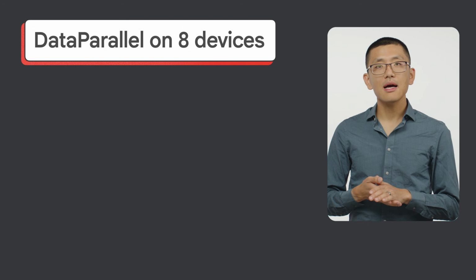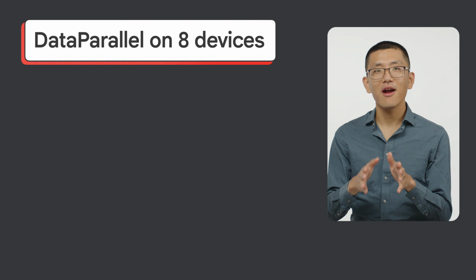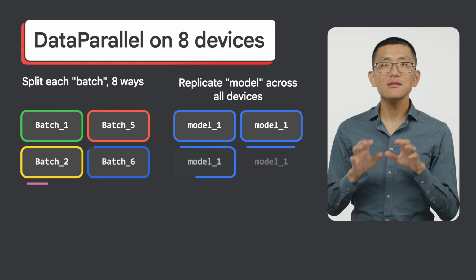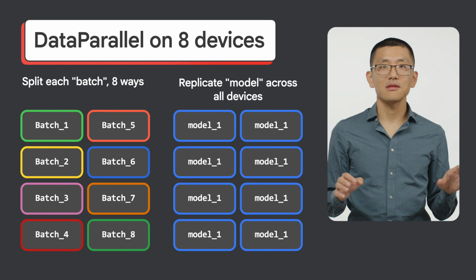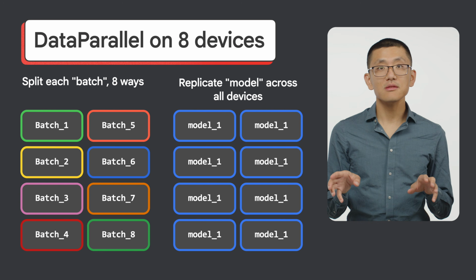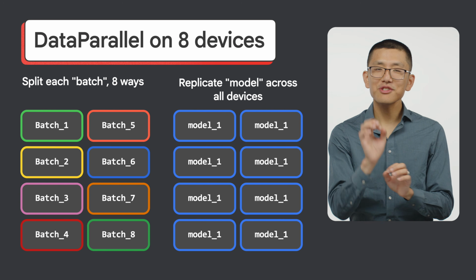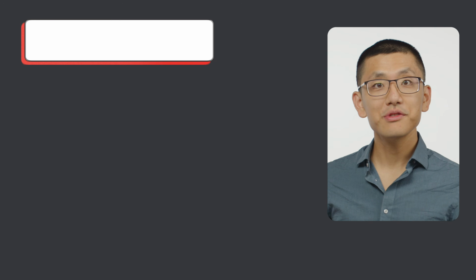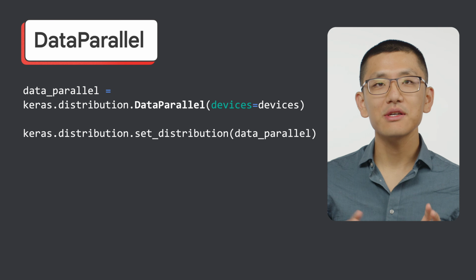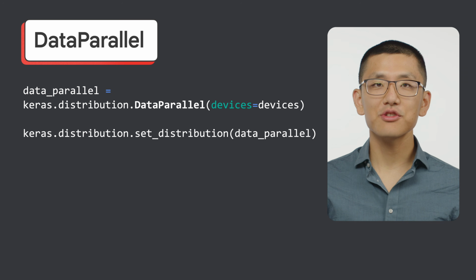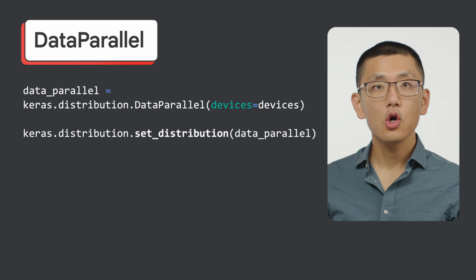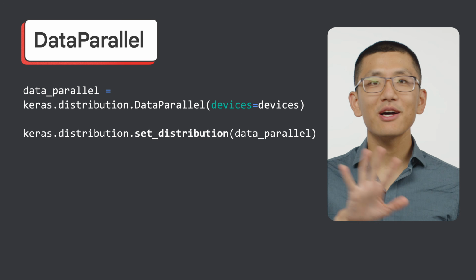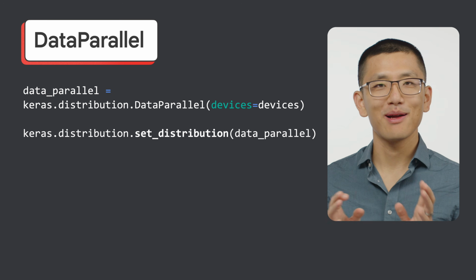The DataParallel class is used for the data parallelism strategy. In this setting, the entire model is replicated across all devices on the device mesh, while each device processes just a unique portion of the input data. To use it, we create a DataParallel instance and then set it as the global distribution using keras.distribution.set_distribution. From this point onward, all model weights, optimizer states, and metrics are replicated.